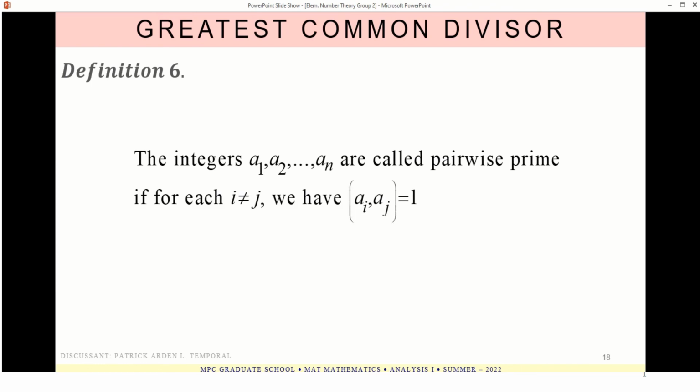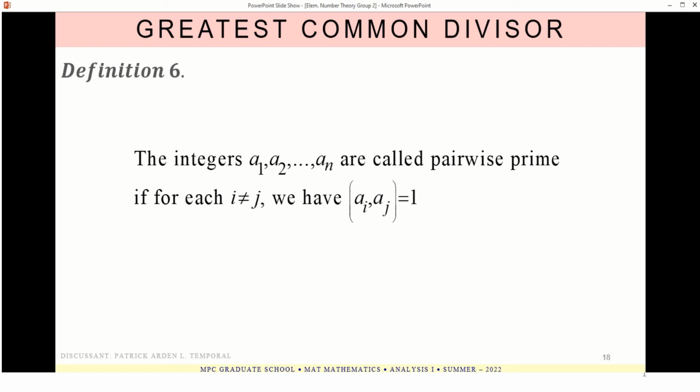The integers a sub 1, a sub 2, up to a sub n are called pairwise prime if for each i not equal to j, we have (a sub i, a sub j) equal to 1.